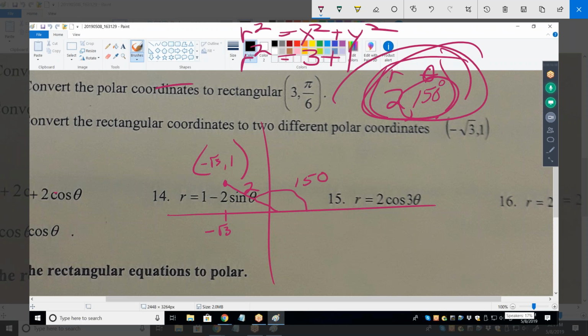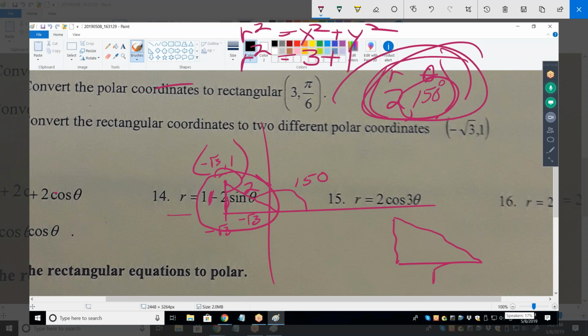So the question is, is that point the same point? Well, if I make a triangle, I know that's root 3, that's 2. If you do the math, excuse me, that's not 2. What do we get for a y? Yeah, the y coordinate is 1. Excuse me, that's 1. Okay. So if we look at this triangle right there, just draw it separately.